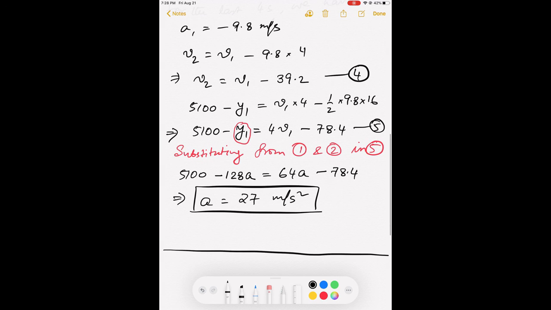Just if you are curious, v1 is 16a, so 432 meters per second, and y1 is 128a, or 3456 meters. So you know how far it had moved during the first 16 seconds. You also know how fast it was moving after 16 seconds.